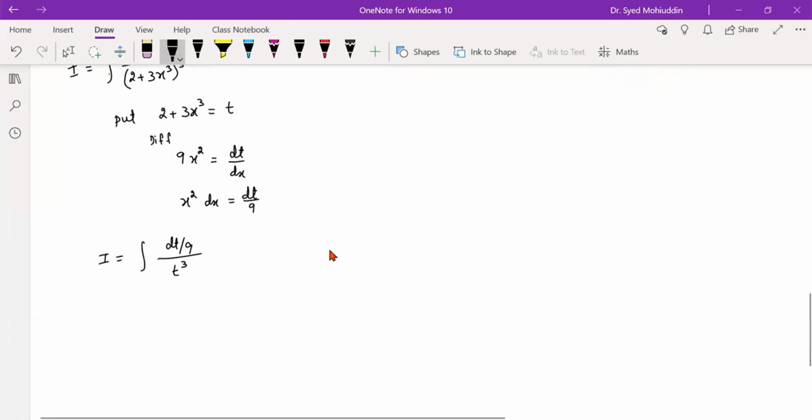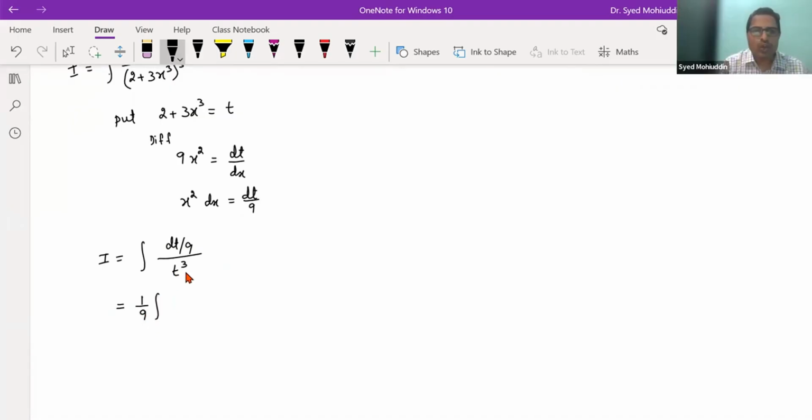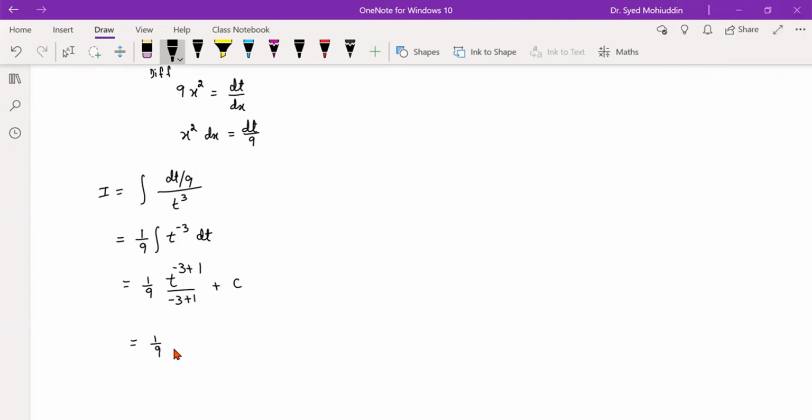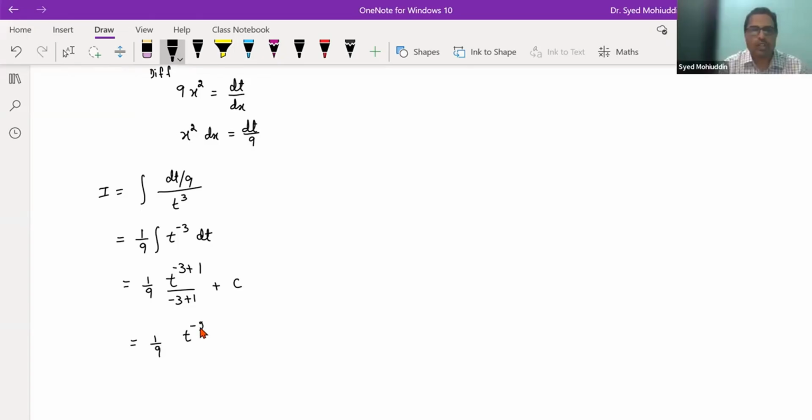Or further, if you try to simplify this one, 1 by 9 is constant outside. t cube you can take in the numerator. If I take it in the numerator, it becomes t power of minus 3 into dt. So let's try to integrate this one. So what will be its integral value? t power of minus 3 plus 1 divided by minus 3 plus 1, plus the constant of integration. 1 by 9, it is t power of minus 2 by minus 2 plus the constant c.